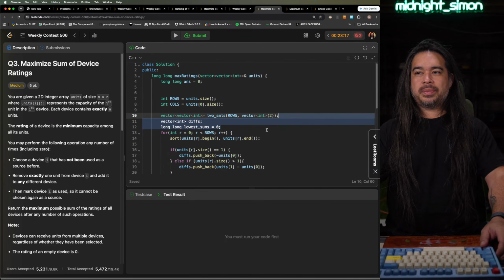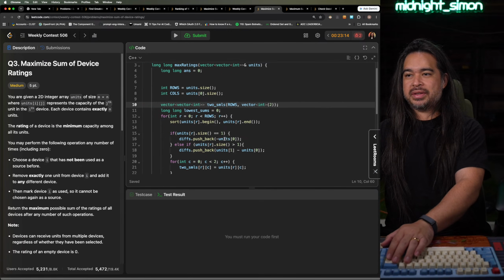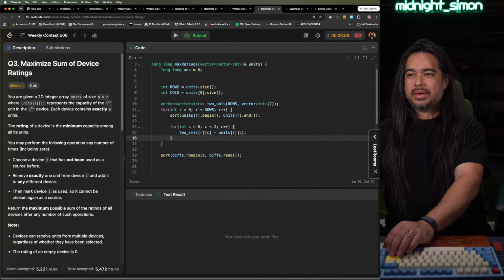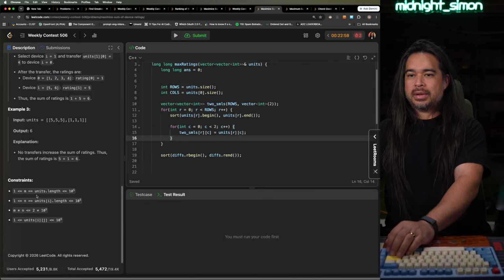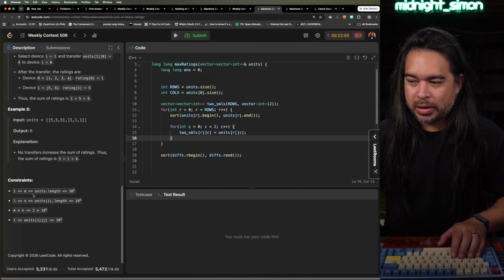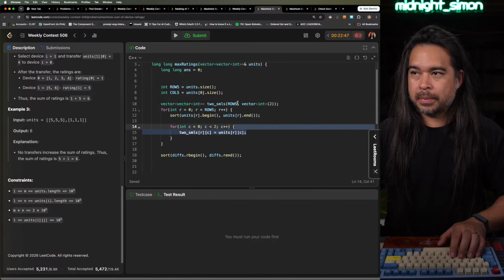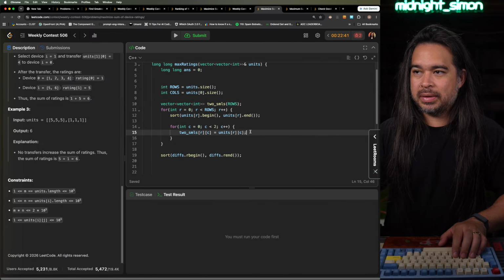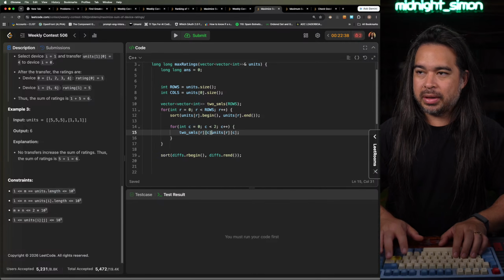Alright, so I don't care about diffs. I don't care about anything except the two smallest. What if there's only one smallest unit in there? I'm going to say too small and then push back.